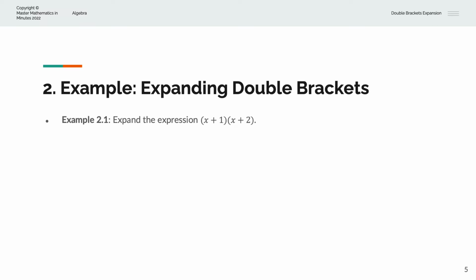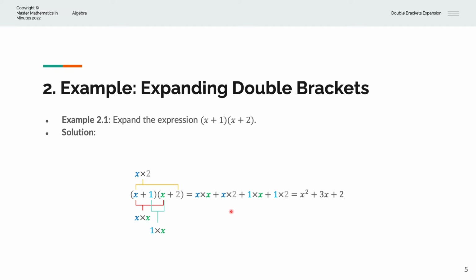In the first example, we're asked to expand the expression x plus 1 multiplied by x plus 2. The first step is to multiply x by x, and that gives us the first term on the right hand side. And the second step is to multiply x by 2, and that gives us the second term.